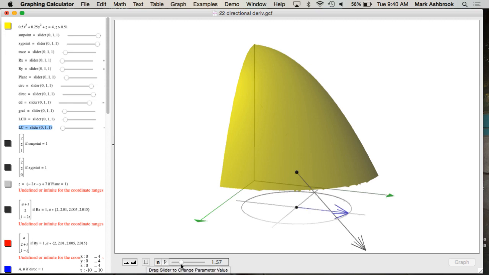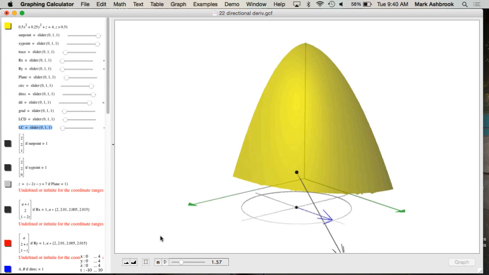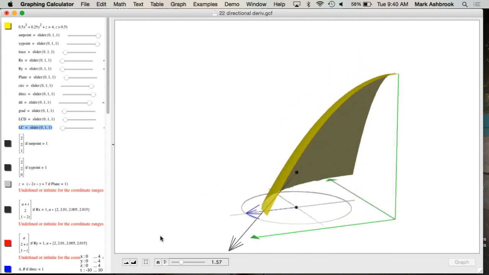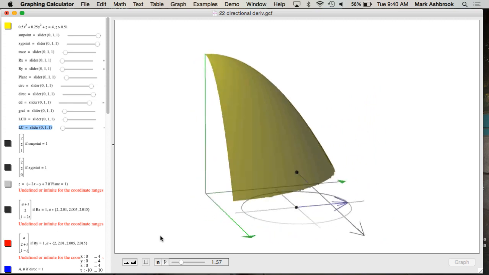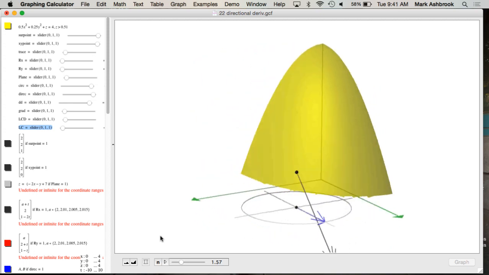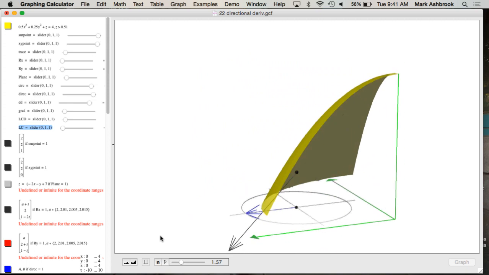So now that vector, the blue one, is pointing in the direction of positive y. So now what is the rate of change in the direction of the black vector? What is that rate of change? That's one we know already, right? What do we call that? Partial derivative with respect to y.